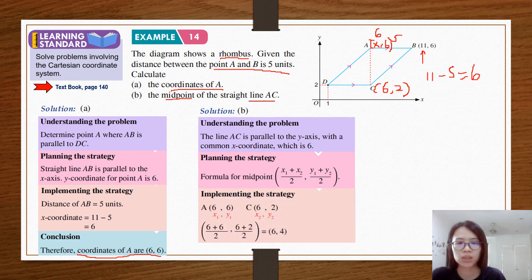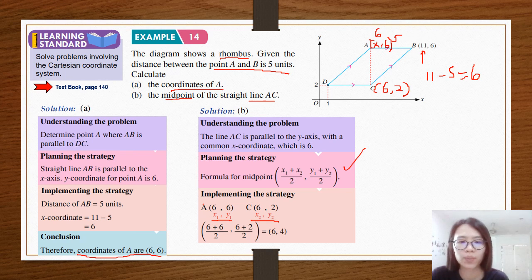We try to look at the solution. We use the formula for midpoint. So we let the coordinates for point A, 6, 6 be x1 and y1, and the coordinates for point C be x2, y2. So now we replace the values into the formula of the midpoint.